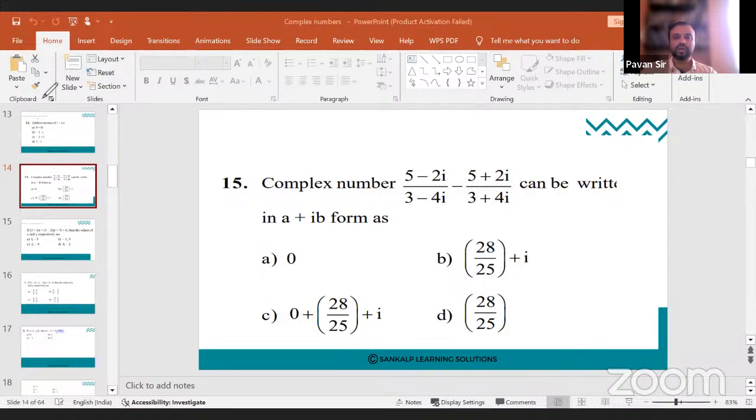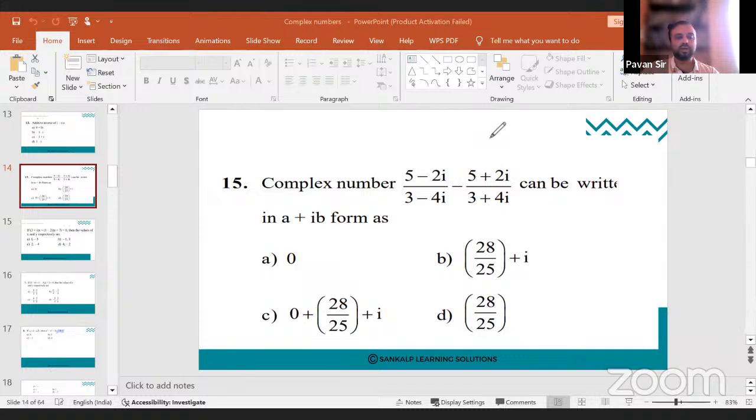Fast students, try to solve this. Quickly try to get the answer. Akshata has given C, I think it is the earlier answer.